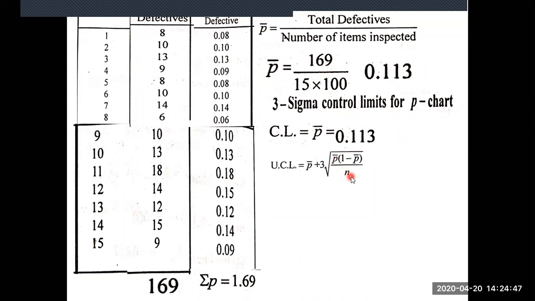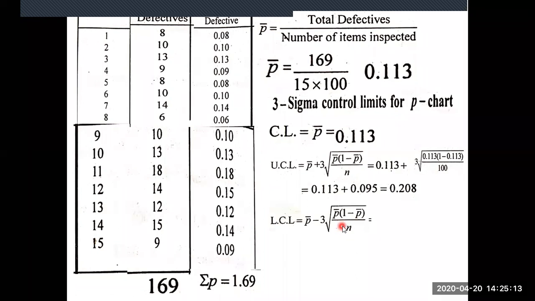The n value is the number of items in each sample, that is 100. That is n. Don't say 15. Substituting 0.113 in place of P bar and simplifying, you are going to get the upper control limit as 0.208.